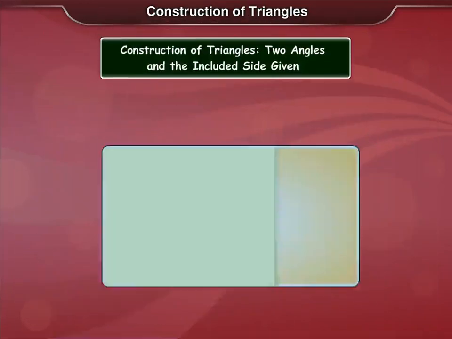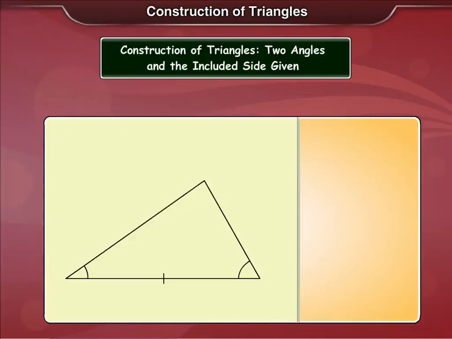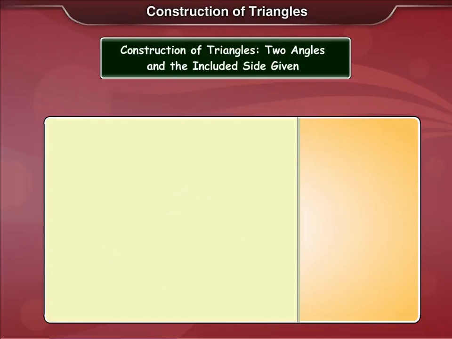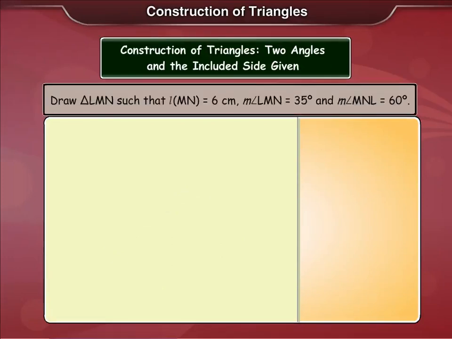The measure of angle MNL is 60 degrees. And the length of side MN is 6 centimeters. Side MN is the included side of angle LMN and angle MNL. Let's start constructing the triangle.